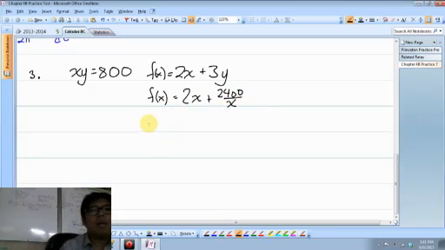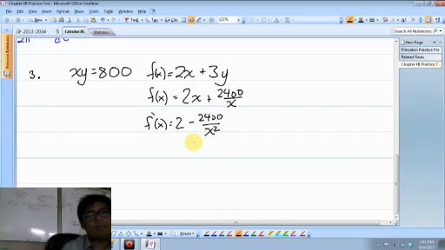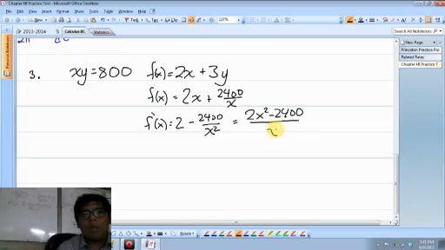That means f prime of x equals 2 minus 2400 over x squared, which is 2x squared minus 2400, the whole thing over x squared.